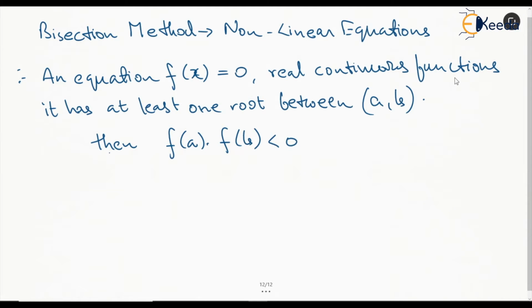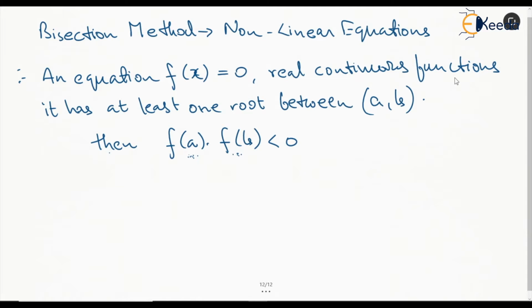Why? Because now that they have at least one root, we're expecting the function value at a and b should be of opposite nature. Like if f of a is positive, then f of b should be negative. If f of a is negative, f of b should be positive, so that the overall product is negative, right?